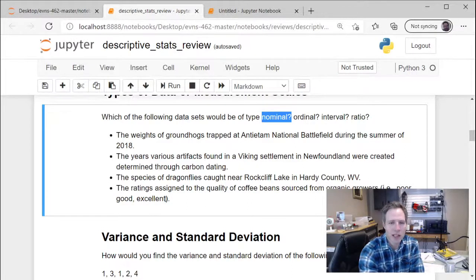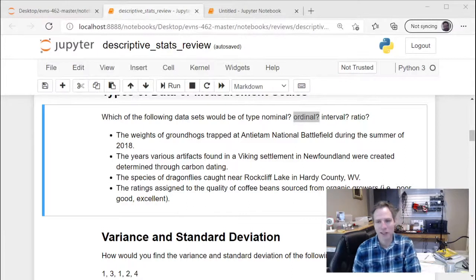Now, you might think, well, this is the same, this is nominal data, just names assigned to coffee beans. But you gotta be careful because there is an order associated with these values that you would assign to coffee beans. Poor isn't as good as good, which isn't as good as excellent. So that makes these data values ordinal. There's a natural order in which they occur.